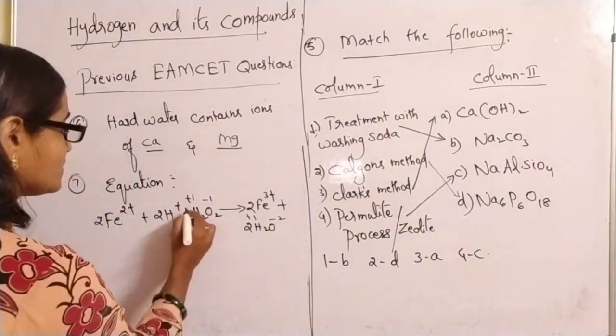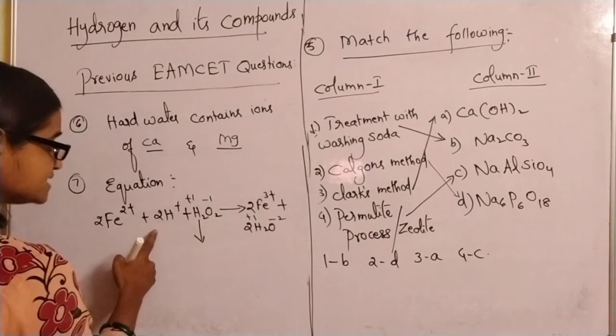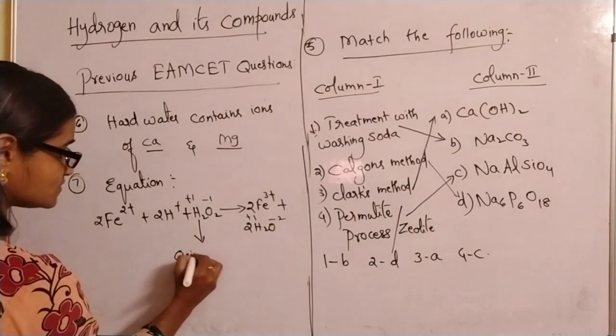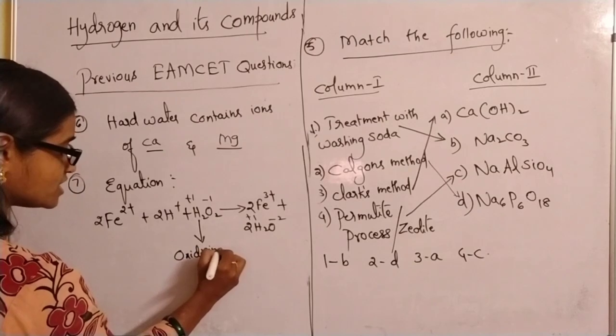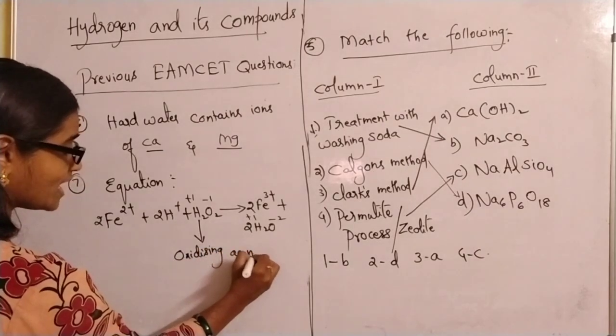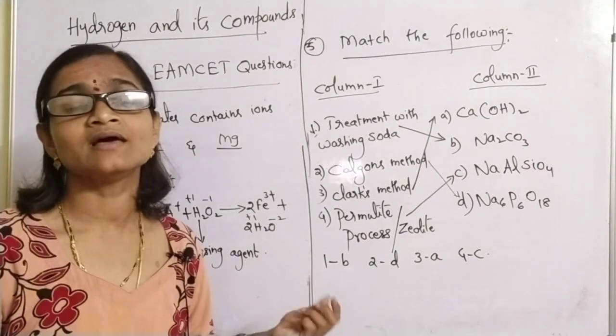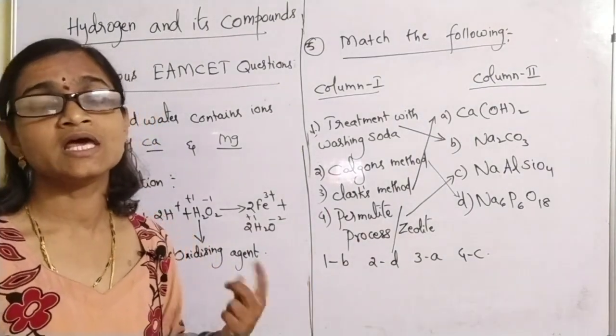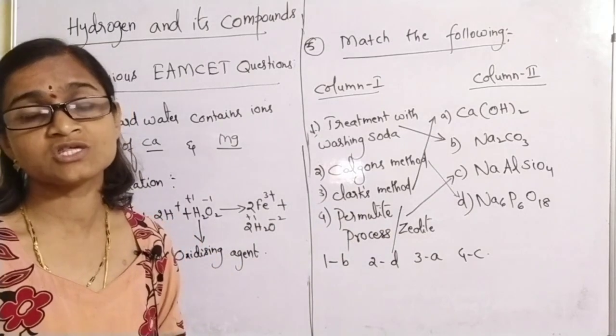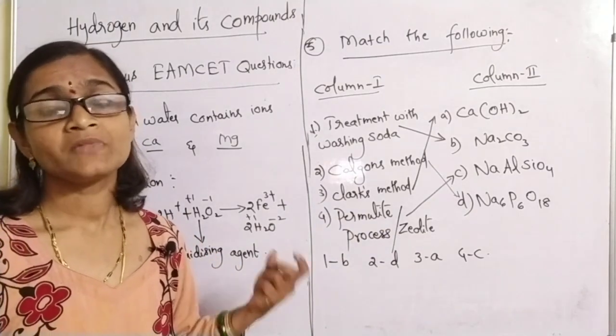Okay, now hydrogen peroxide in this equation is acting as an oxidizing agent. You may be asked about that only. They will give options like it acts as oxidizing agent, it undergoes reduction, both A and B, none of the above.